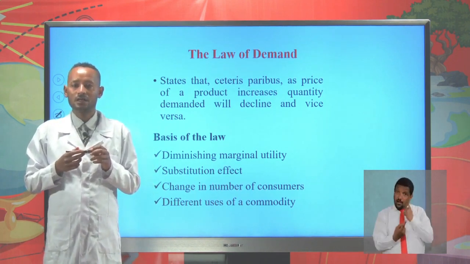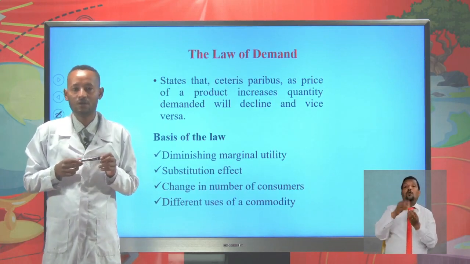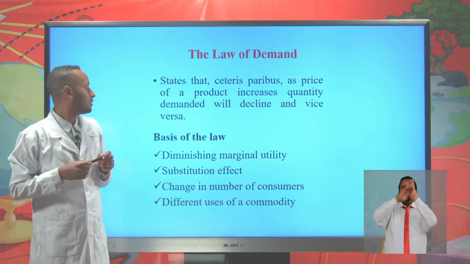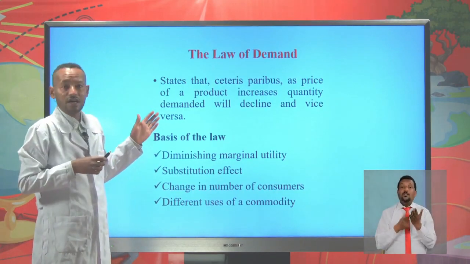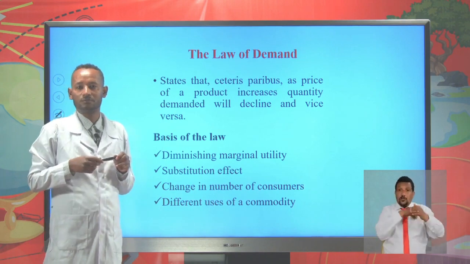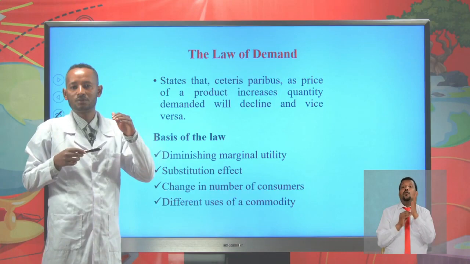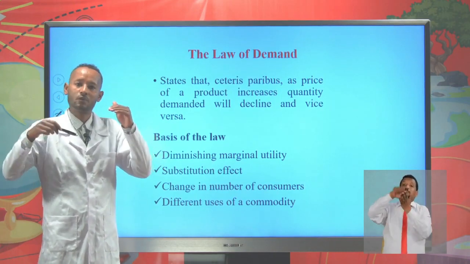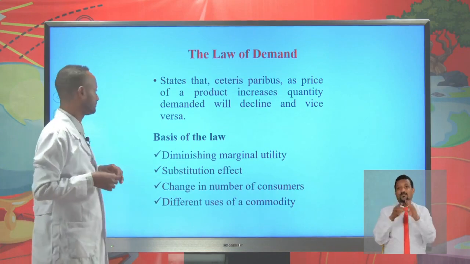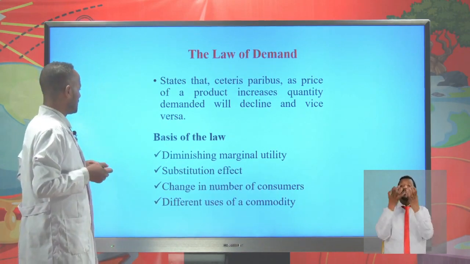With an increase in the price of an egg from $2 to $5, the quantity demanded for eggs will decline from 5 to 2. But this holds true only if there is no change in the income of the consumer. That means if there is a rise in the income of the consumer, even though there is a rise in the price of an egg, the quantity demanded for eggs may also increase. These are the basis of the law of demand.